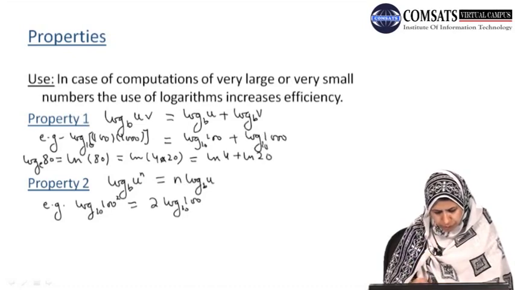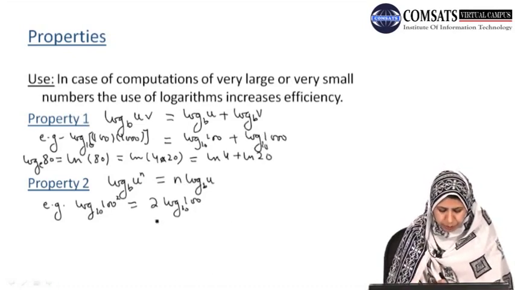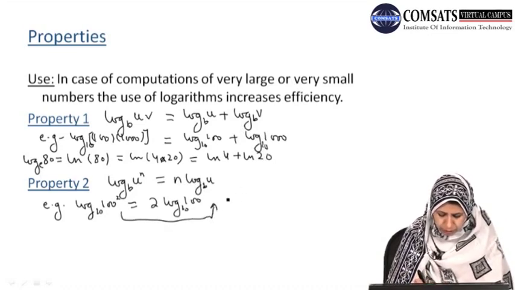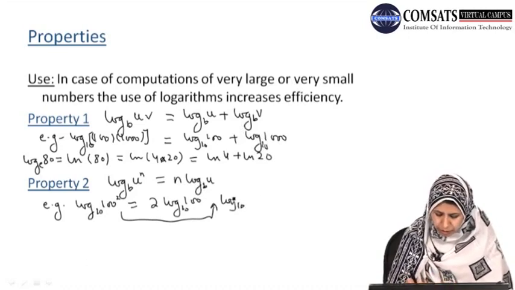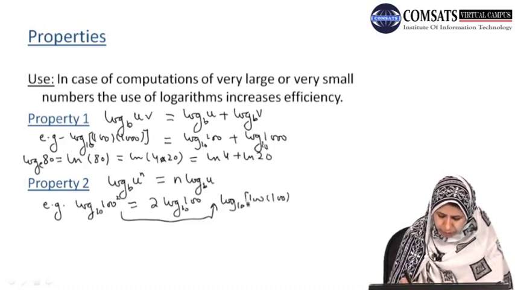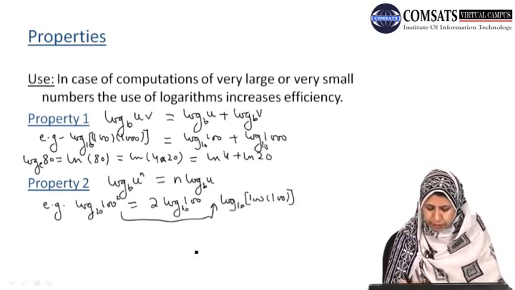We can verify our result by using our first property. How? Now we have log with the base 10, and 100 square means 100 into 100. So we are taking the product of the log with the same base.